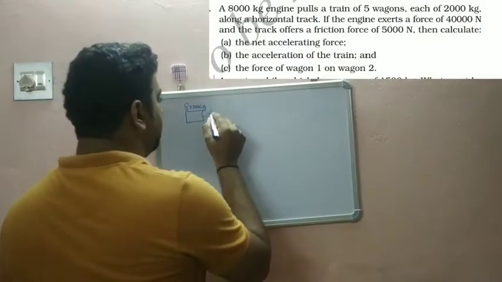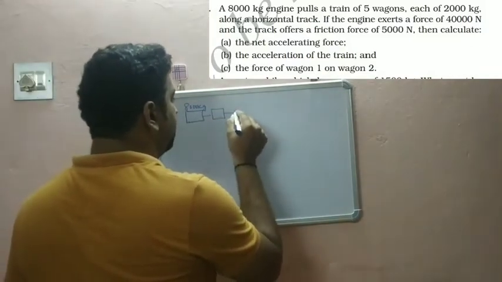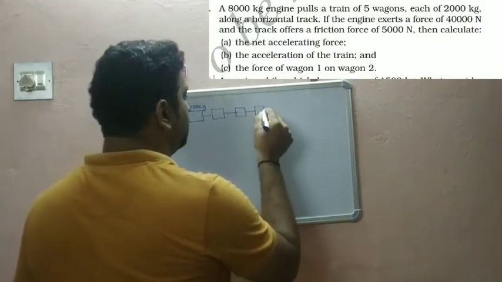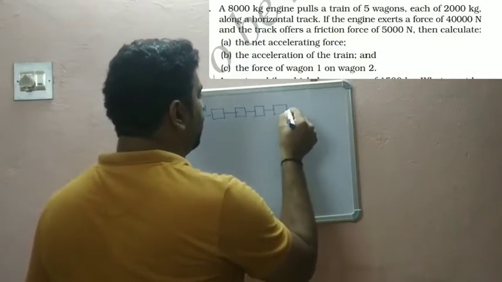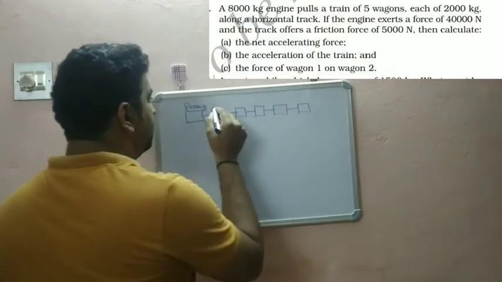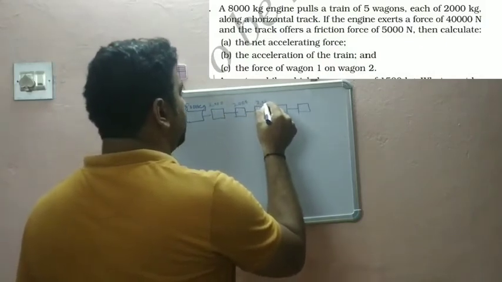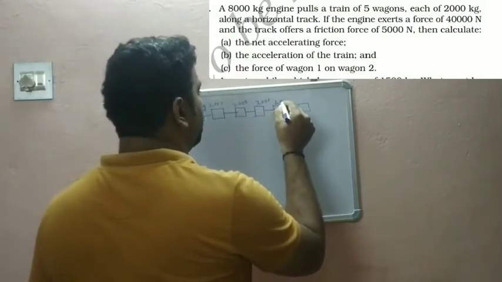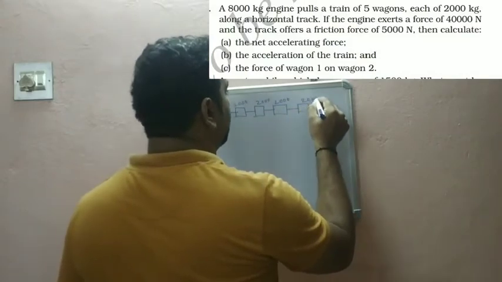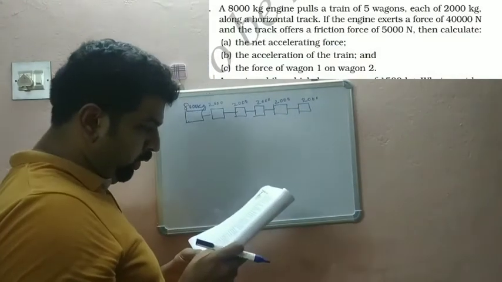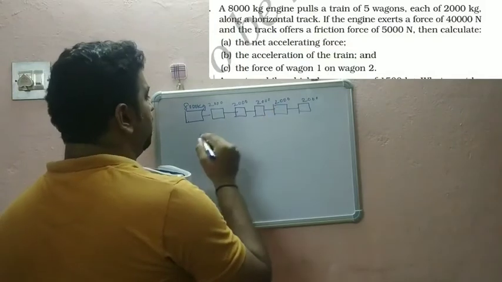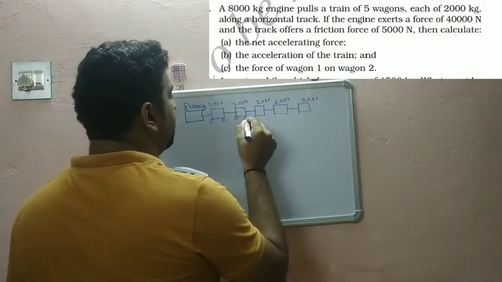So it will be 1, 2, 3, 4 and 5. So each wagon will be having 2,000 kg. So everything will be 2,000 kg. Okay.